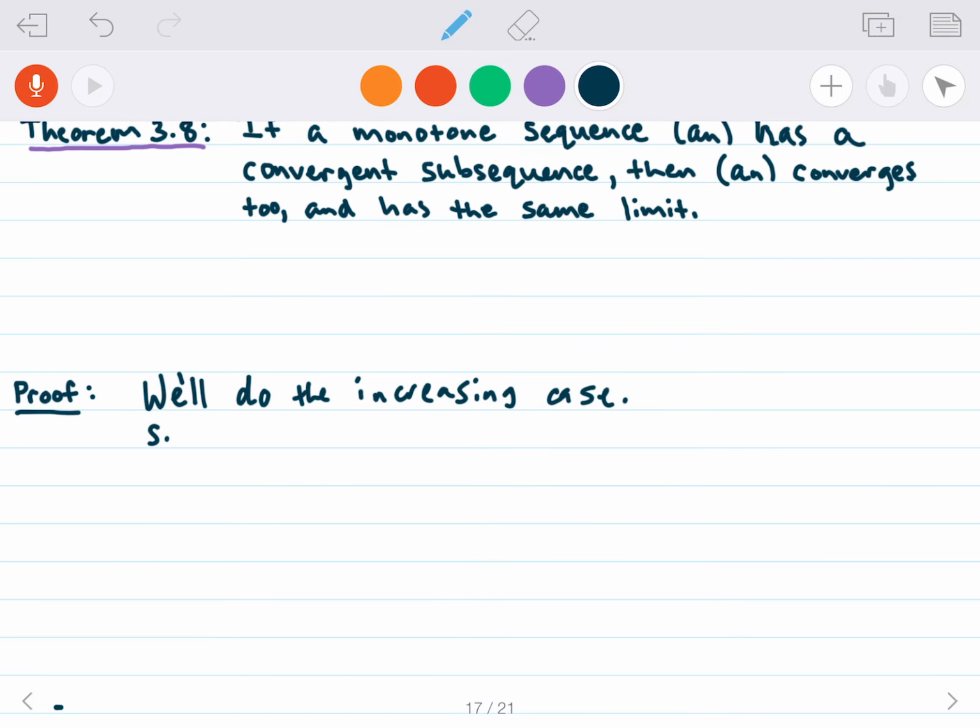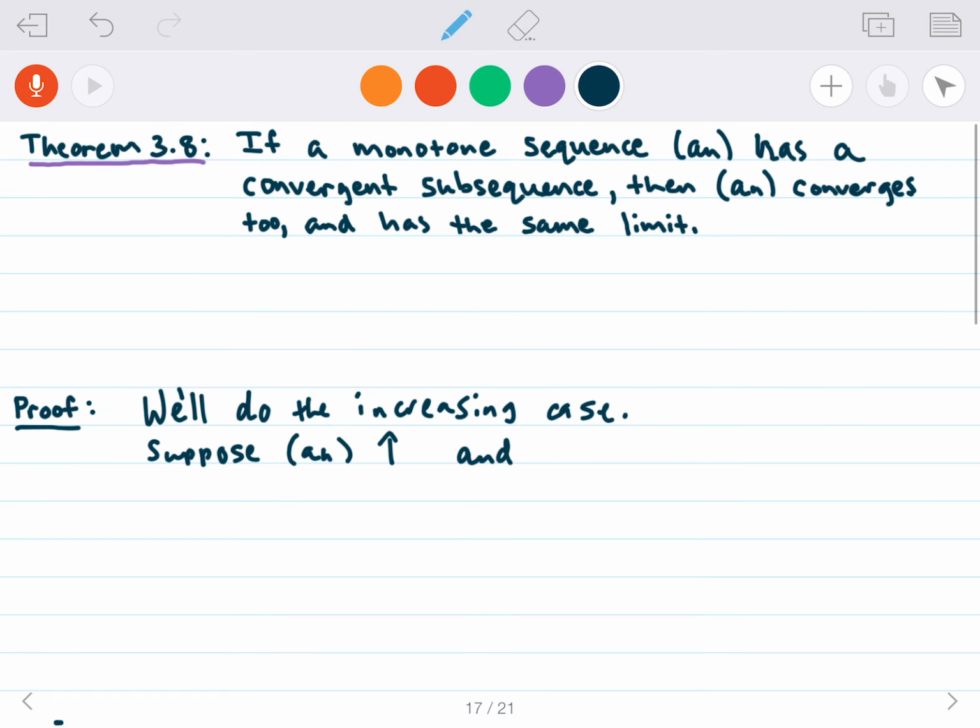So let's go ahead and do this. Suppose a sub n is monotone increasing, and we're also going to suppose that it has a convergent subsequence, and so we want to show that a sub n converges to the same limit as the subsequence.